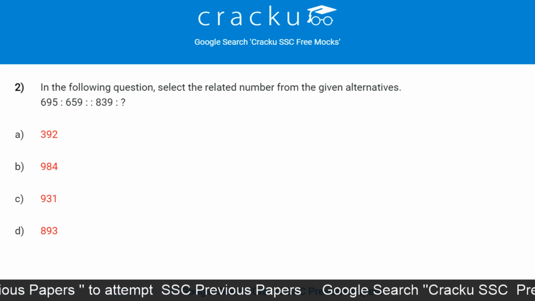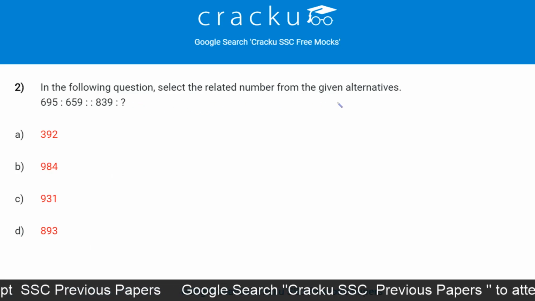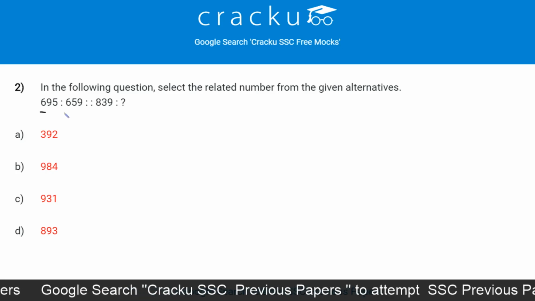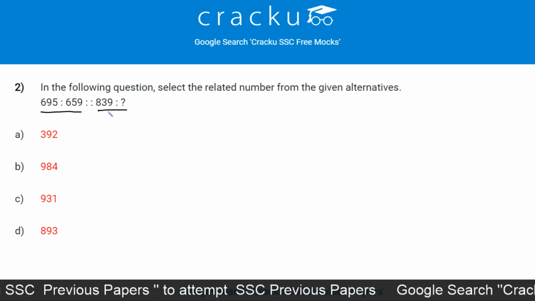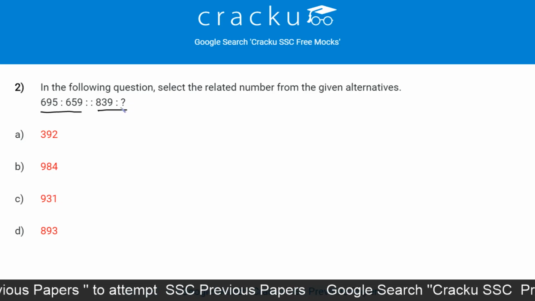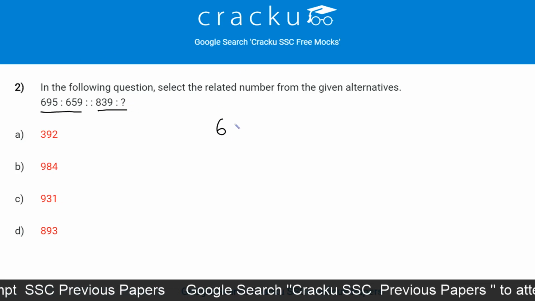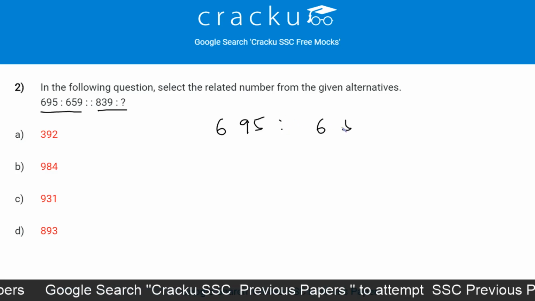Next question. In the following question, select the related number from the given alternatives. So this is one set of analogy. In the second part, 839 is given, we have to find the question mark. In the first analogy, 695, 659.